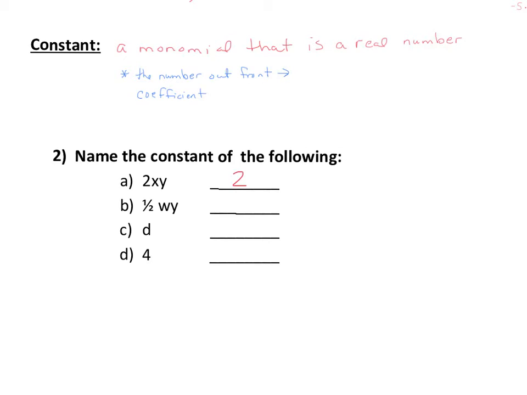So on the next one, 1/2. Now when I have the letter D, remember there's always a 1 in front there, so 1 would be my constant. Okay? And then on letter D here, 4 is a number. We're just going to put 4 down. I know there's no variable there, but that's the only number there. Okay?